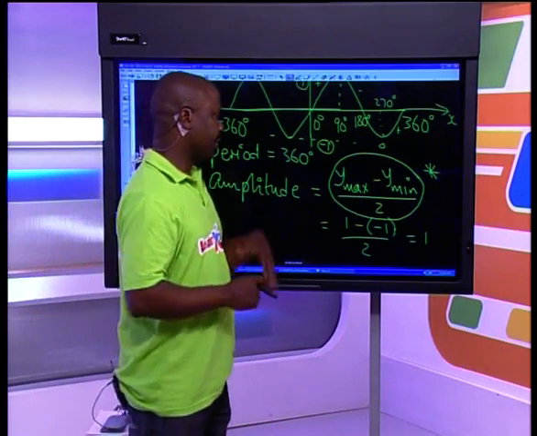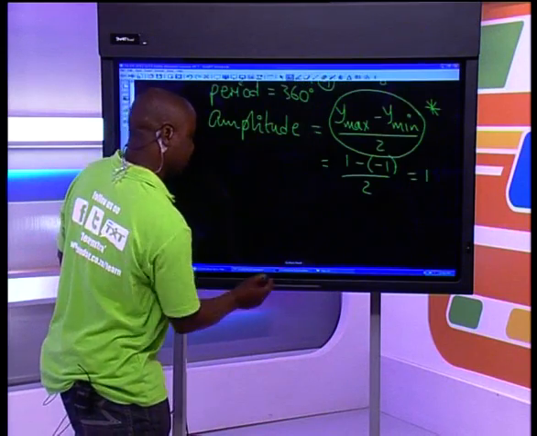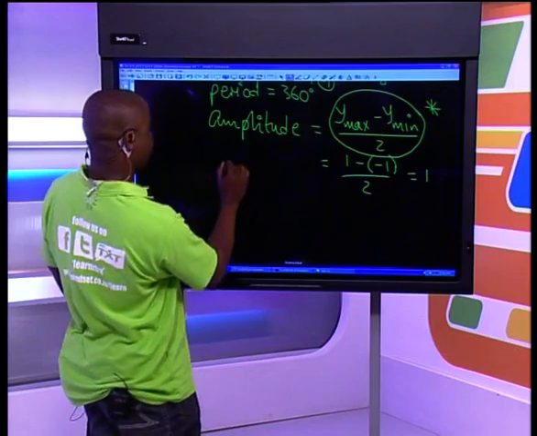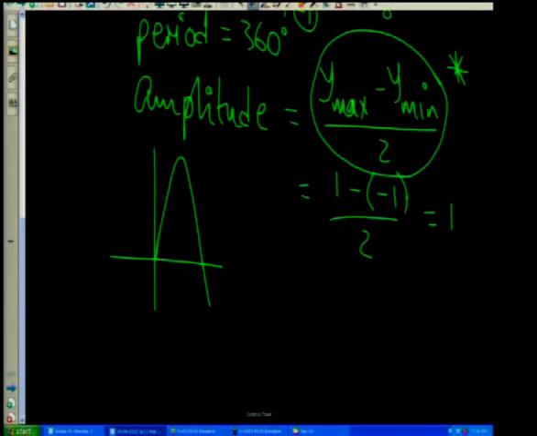Because many people have looked at the graph and they find that, let me just give you a quick example to make sure we don't get into that trap. If this graph turned at, let's say, 2 there, and this side it's minus 2, the amplitude becomes 2.